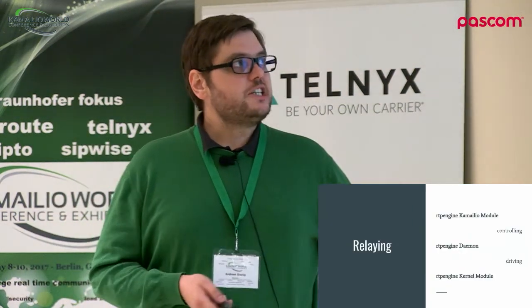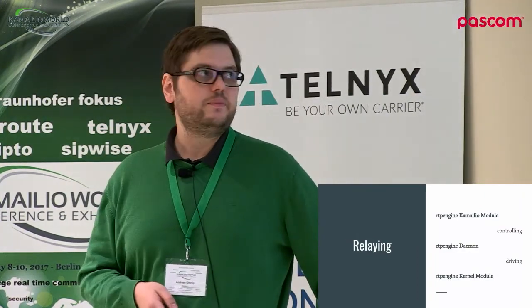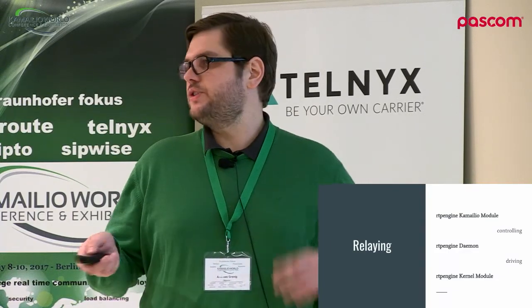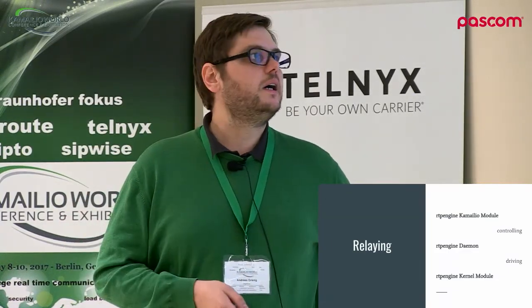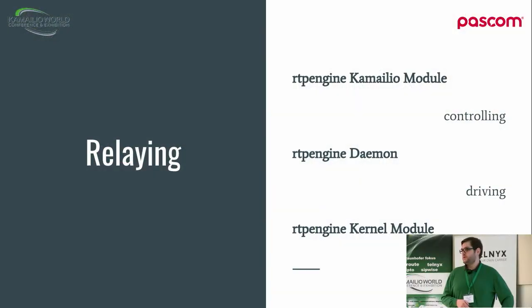So essentially, as I said, RTPEngine started off as a media relay, right? So there's this RTPEngine Kamailio module you can use in your Kamailio scripting engine, which is controlling the RTPEngine daemon. It's a user space daemon, which tries to figure out how to map certain SDP bodies to other SDP bodies, trying to map ports, trying to map IP addresses, trying to bridge networks.